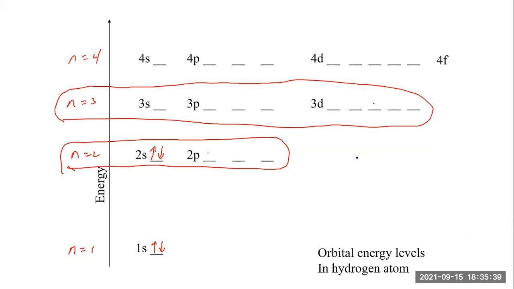First off, sometimes you will be asked, for example, what is the maximum number of electrons you can put in an n equals 2? And again, the terminology here is either shell or level. So what are we talking about when we talk about a shell or level?